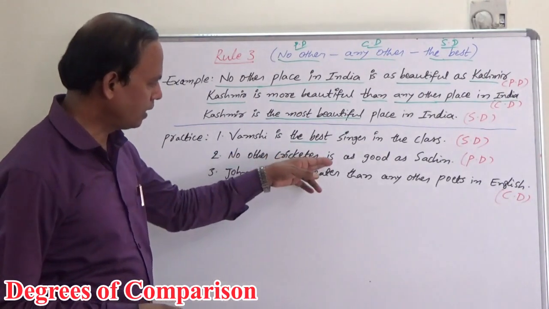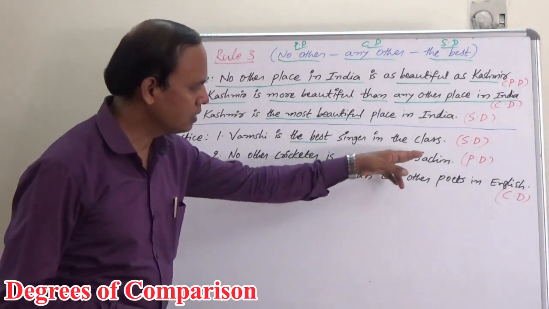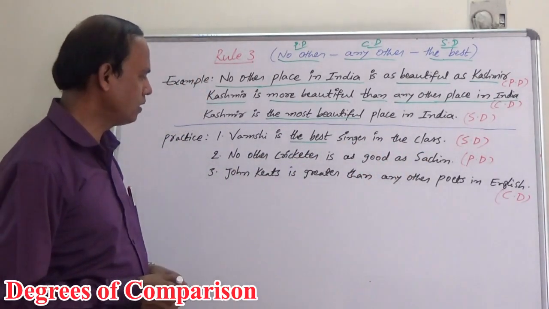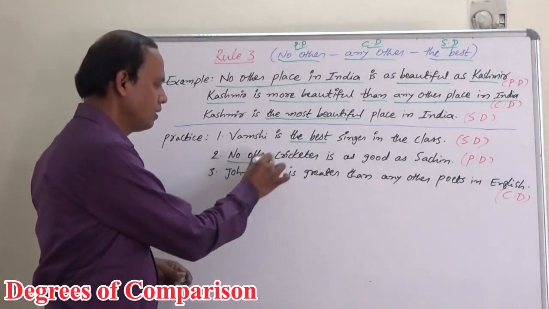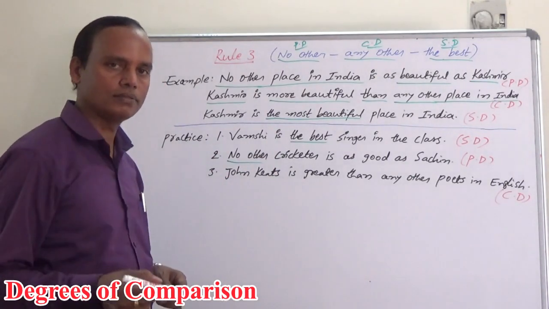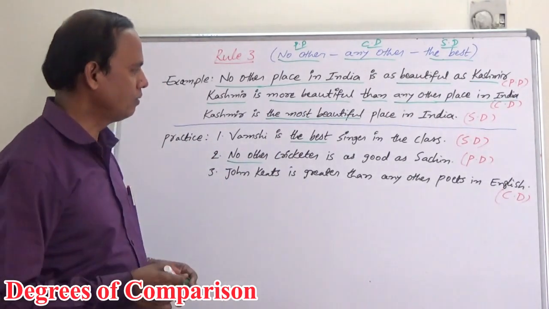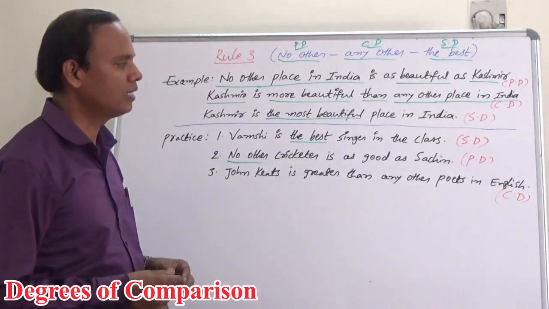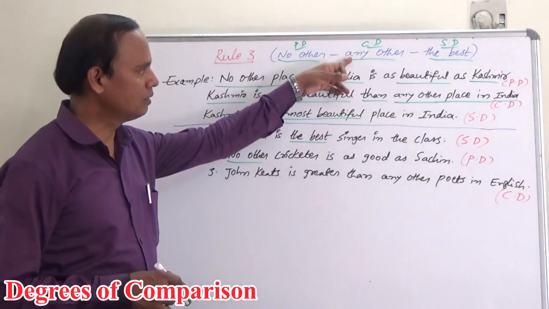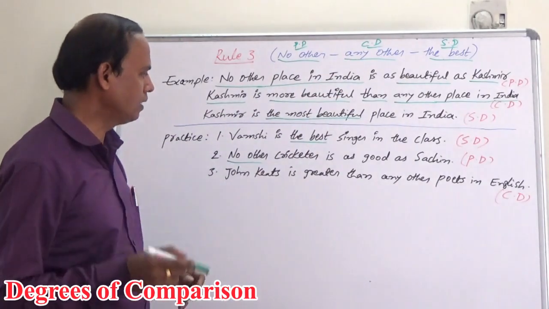No other cricketer is as good as Sachin. It is in positive degree because no other is there. So change from positive degree to comparative and superlative degree. First, let us change to comparative degree. So any other, you can remember any other.